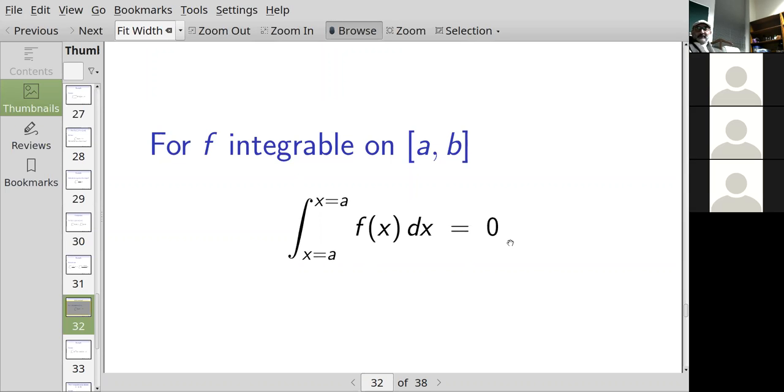The Riemann sums you're going to come up with involve a single rectangle which has 0 width, so it has 0 area. So our convention is that the integral from x equals a to x equals a of any function dx is equal to 0.